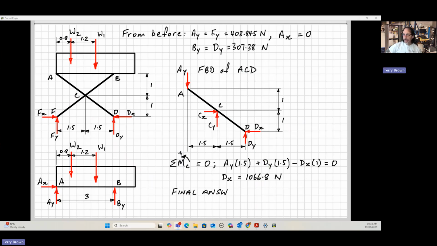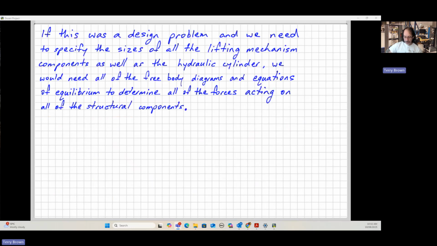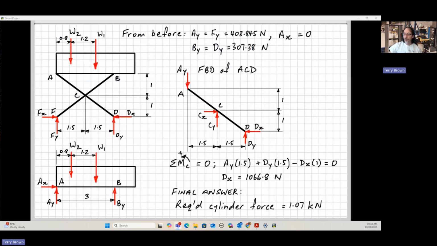All right, so now that we have that, we have a final answer for the textbook problem anyway. So our final answer, the required cylinder force is 1.07 kilonewtons. Okay, and I've just included on the next page, as I was saying before, if this was a design problem and we needed to specify the sizes of all the lifting mechanism components, then we'd need to draw free body diagrams and complete all the equations of equilibrium to find everything in the problem, right?